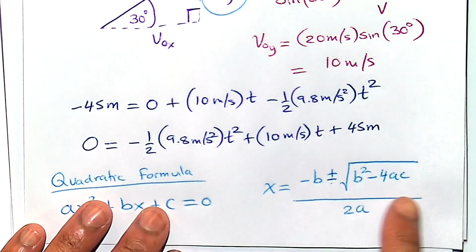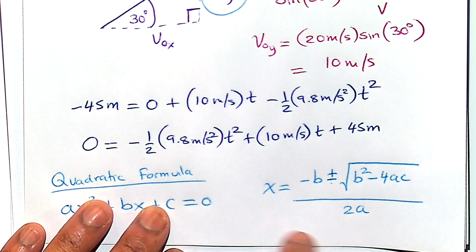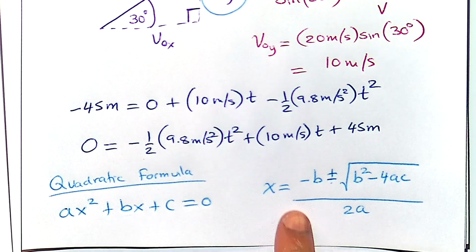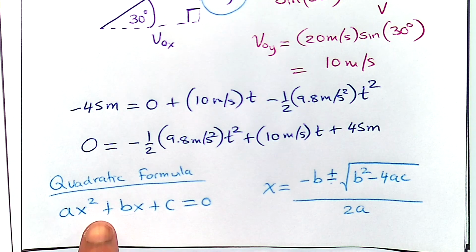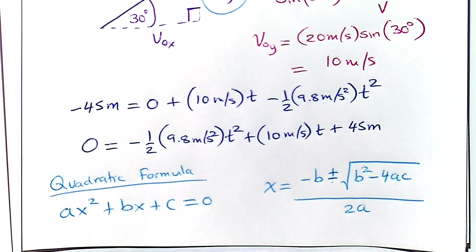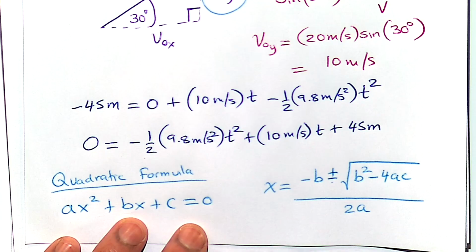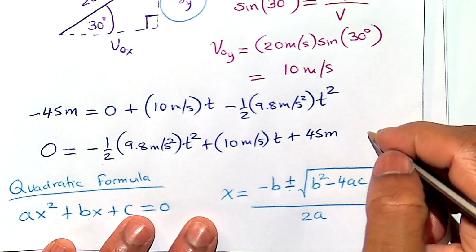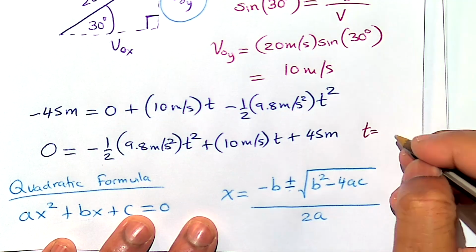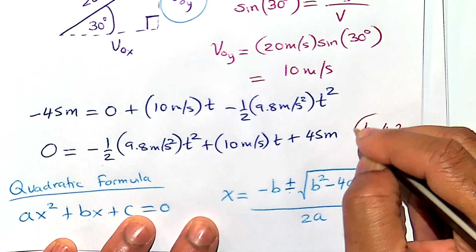But alternatively, you can just use this, right? You can actually plug in the constants into this formula and it'll tell you what that is, right? So x here is some variable. So in this particular case, what we're talking about is t, right? That's our variable. So if you use the quadratic equation or you use your calculator, either way, doesn't matter to me, you're going to get time is equal to 4.2 seconds.